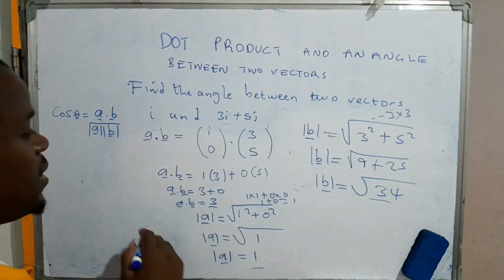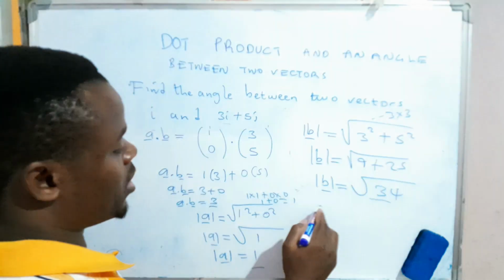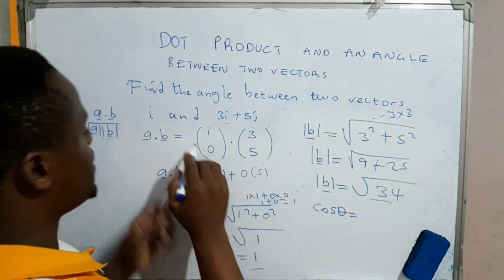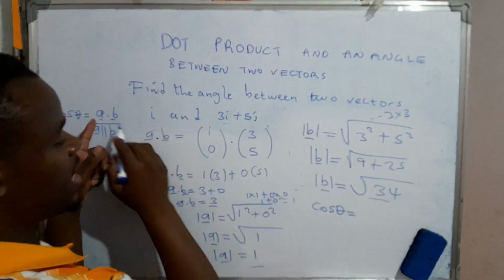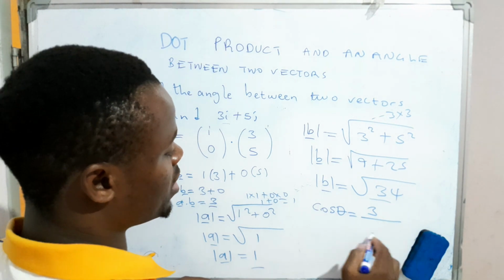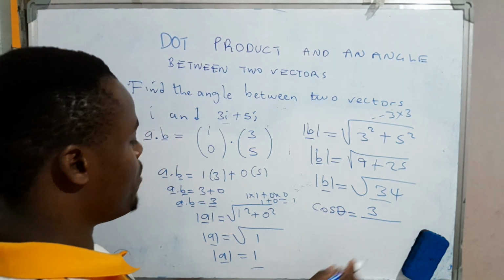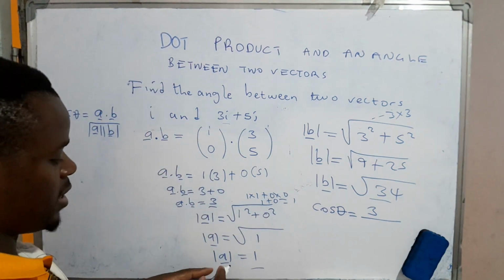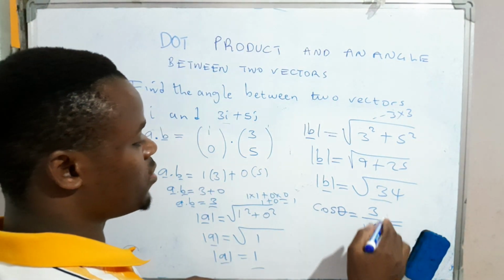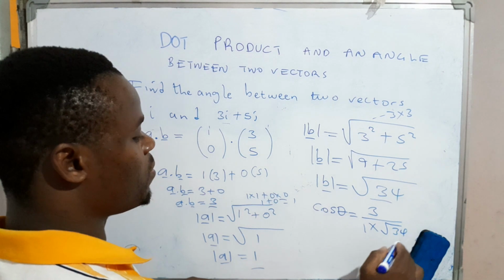Cos theta is equal to the dot product of vector A and vector B, which is 3, over the magnitude of vector A, which is 1, multiplied by the magnitude of vector B, which is the square root of 34.